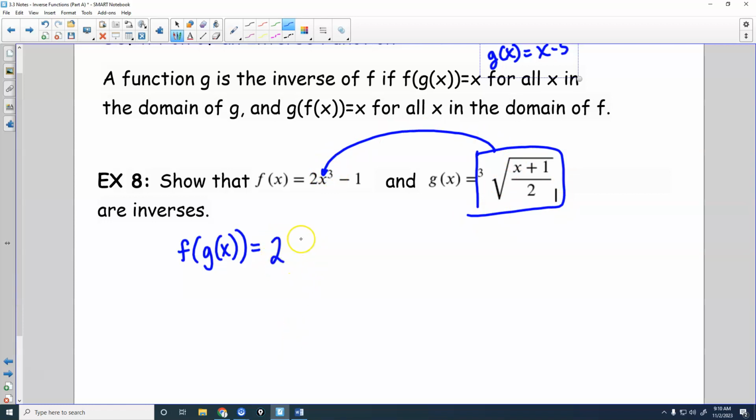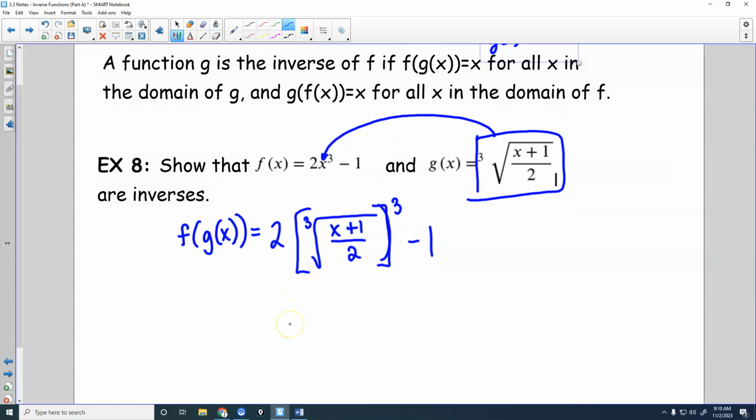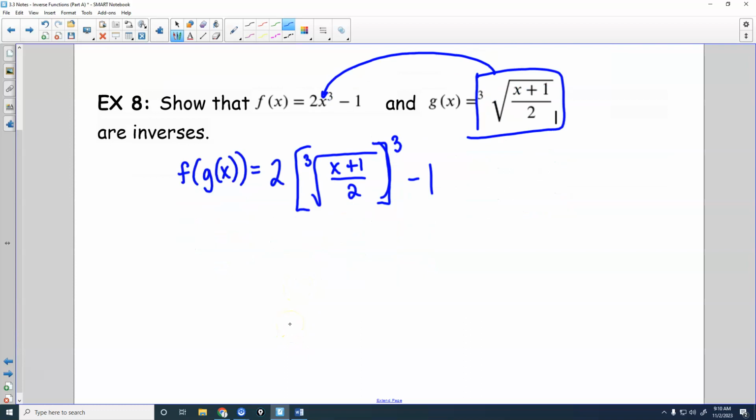So I would have 2 times the cube root of x plus 1 over 2, to the third, minus 1. Now, when I do this, I'm going to have several things cancel out. What's the first thing that's going to cancel? The cube root and the cube. Those cancel out. So I'm going to have 2 times x plus 1 over 2 minus 1.